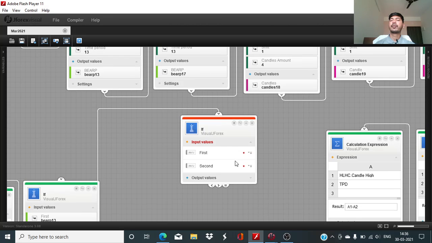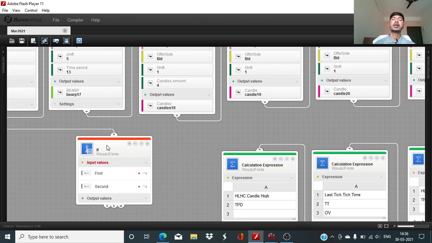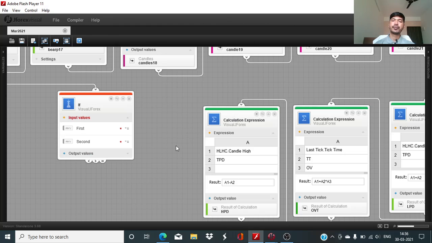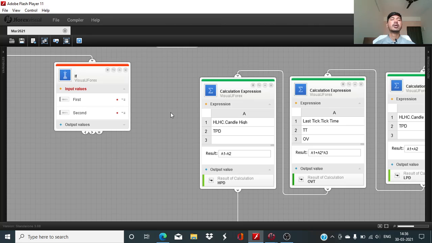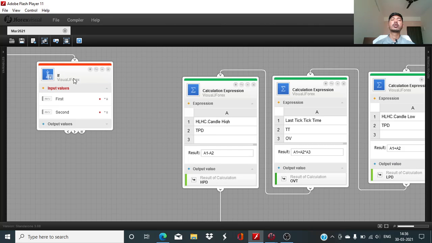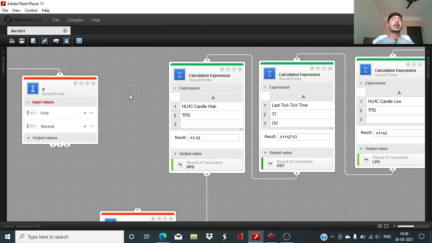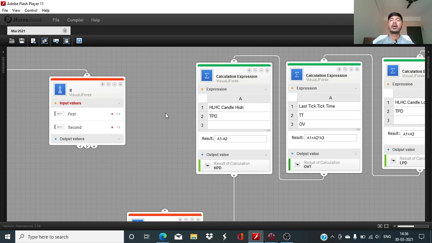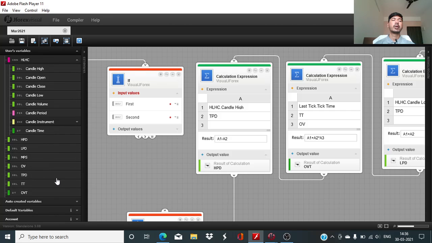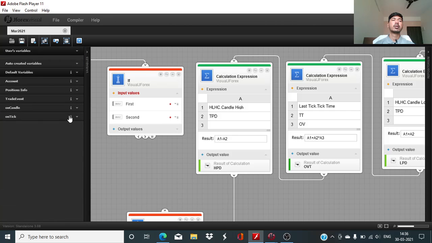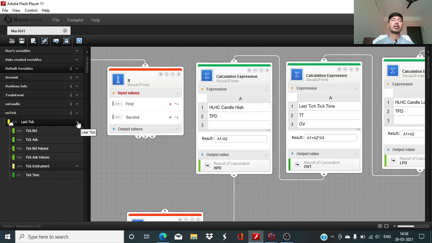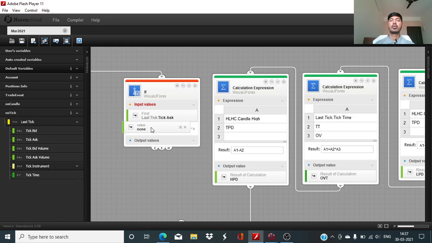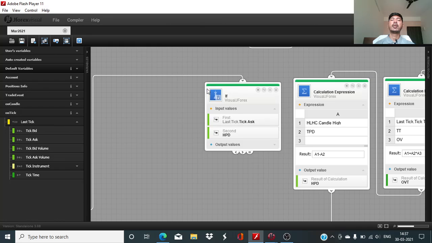Then we need the last tick price to be below the point of the execution of the trade, that is 10 pips below the highest point. And for that I will have to take ask, which should be below this point, as we are going to place the limit order.